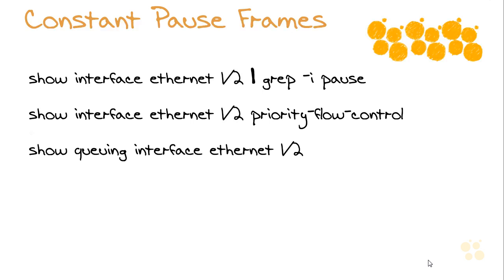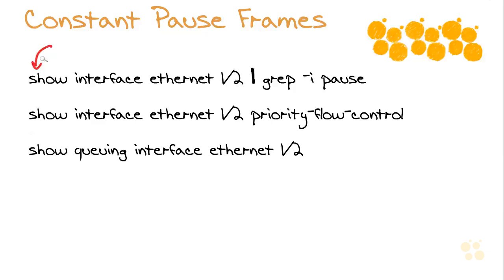First, we got to verify that this is actually happening. So for a few iterations, go ahead and utilize the show interface Ethernet pipe grep -i pause command and ensure that the pause frame count is incrementing. Or you could use the show interface Ethernet priority flow control command and ensure that the PFC frame count is incrementing.